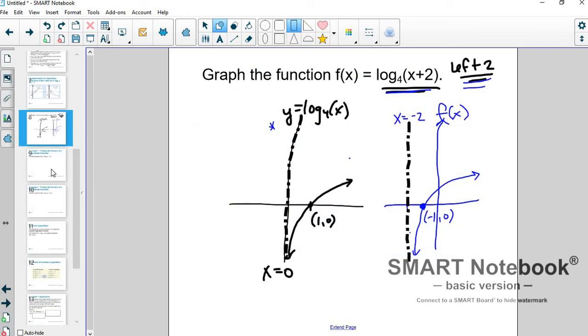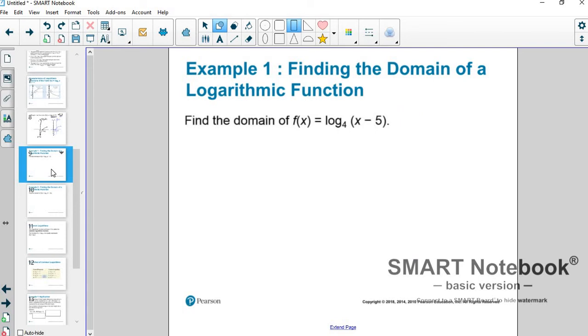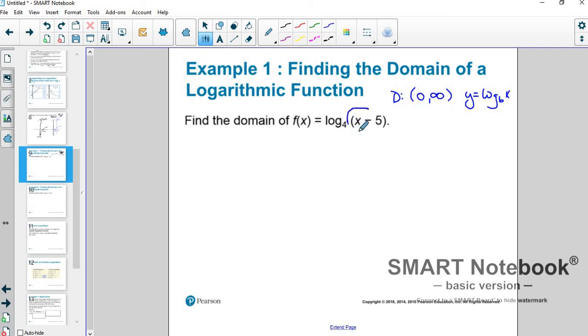Alrighty. So now let's talk about the domain. The domain of a logarithm function, if you remember properly, your domain is 0 to infinity, right? That's the domain for y equals log base b of x. Well, what if you don't just have an x? What if you have other stuff?